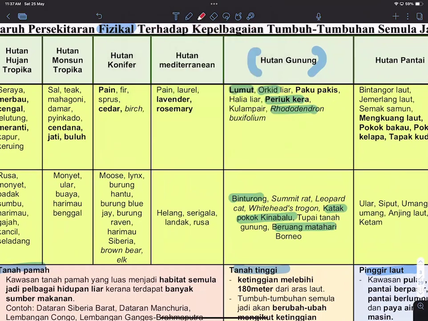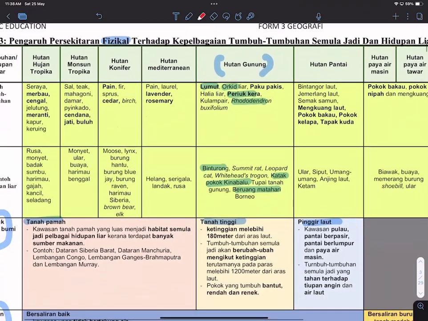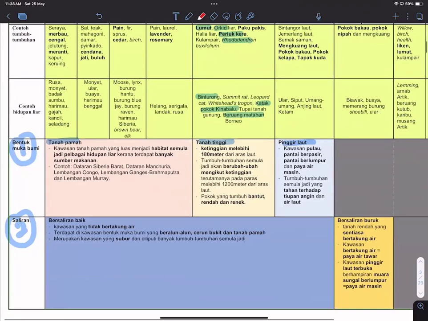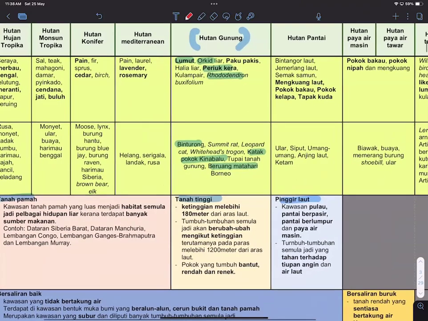So for the Panjaran Himalaya, what do we try to memorize? Panjaran Himalaya. It's not here, right? So I'm using red color to write down for Panjaran Himalaya. For Himalayan, we are trying to memorize brown bear.